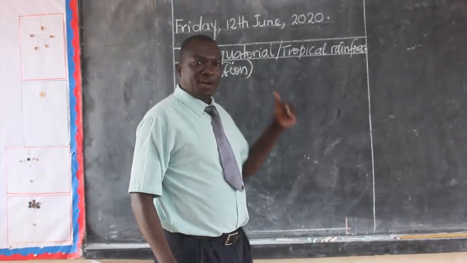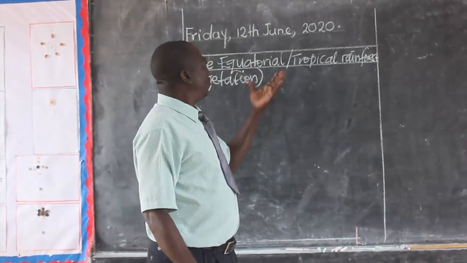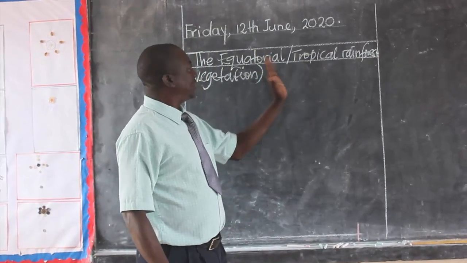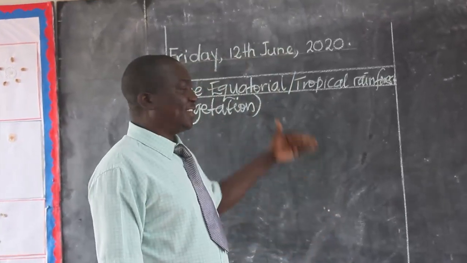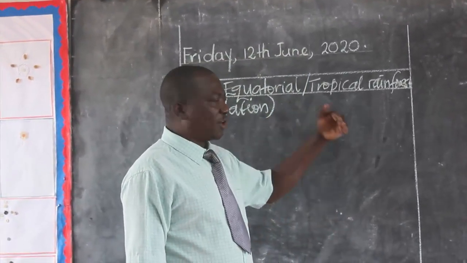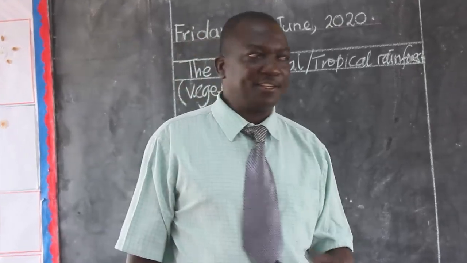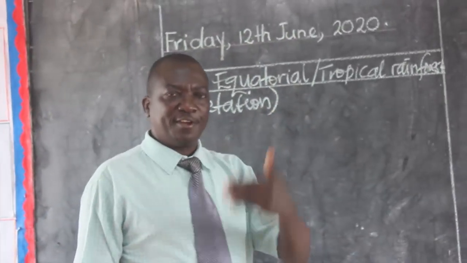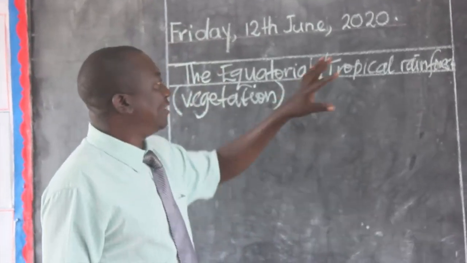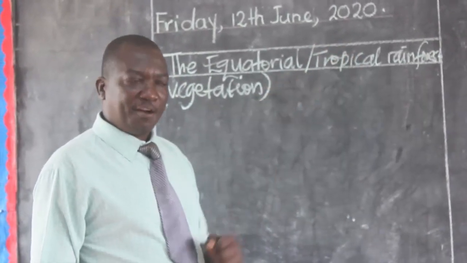So now here we are going to break it down and look at specifically what the equatorial vegetation is, where it lies. We look at the different characteristics concerning this one. Why is it different from the rest of the other zones of vegetation in Africa?